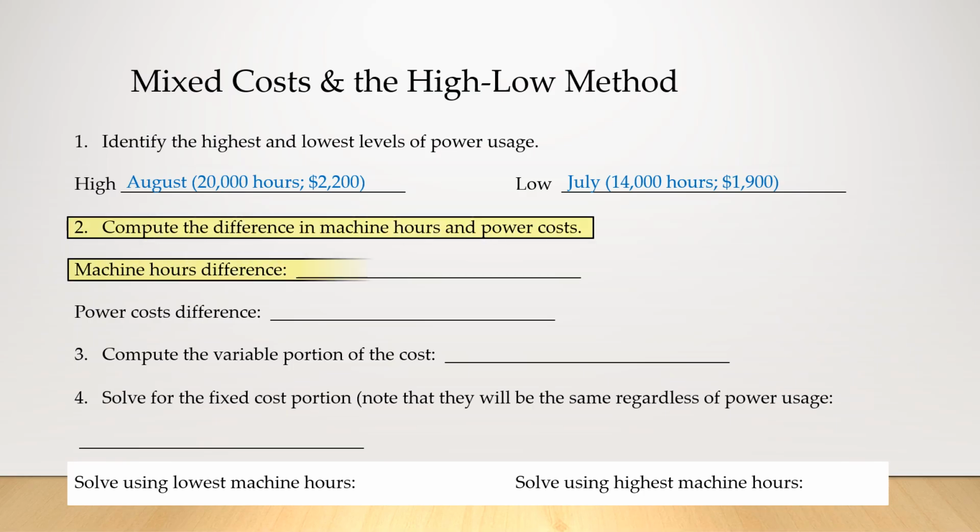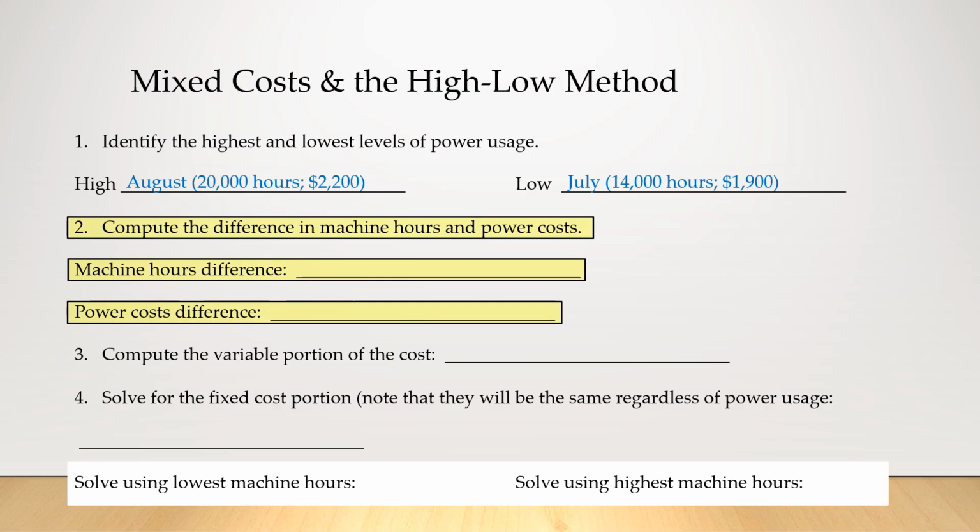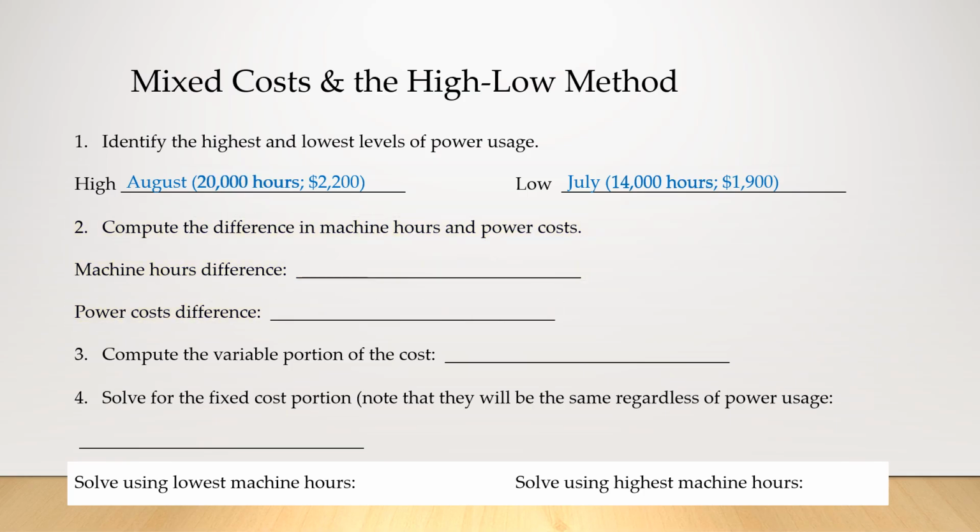Next, we'll calculate the difference in machine hours and power costs. Starting with machine hours, we have 20,000 hours in August and 14,000 hours in July. The difference is 6,000 hours. Now we'll do the same for power cost.